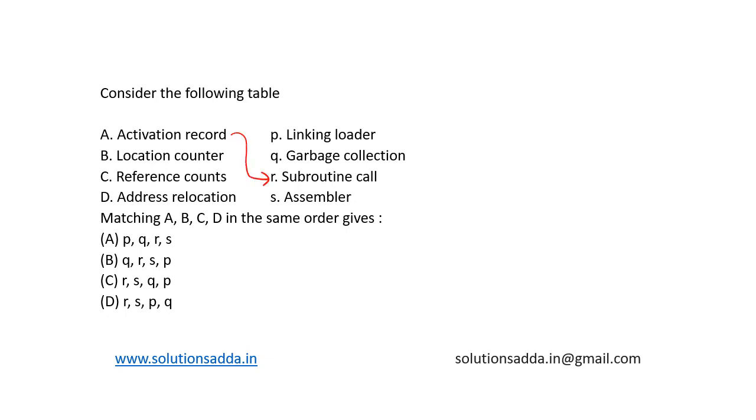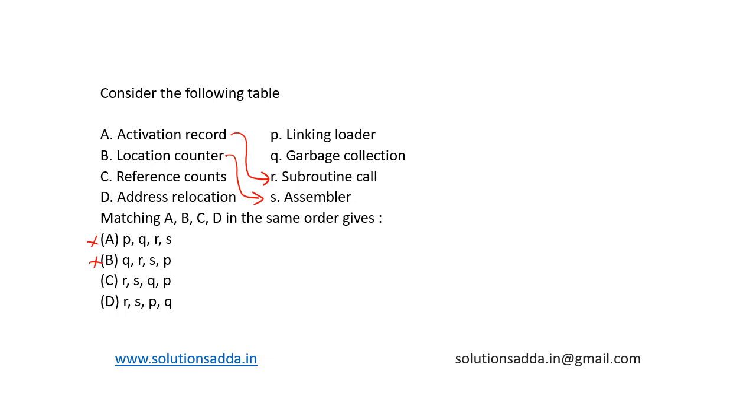Now itself we can eliminate A and B. Next, C and D are the viable candidates. So based on the options, B will obviously map to S. Yes, location counter is actually mapped to assembler. Assembler maintains a location counter to assign storage addresses to each instruction of the program. Now option C, reference counts.